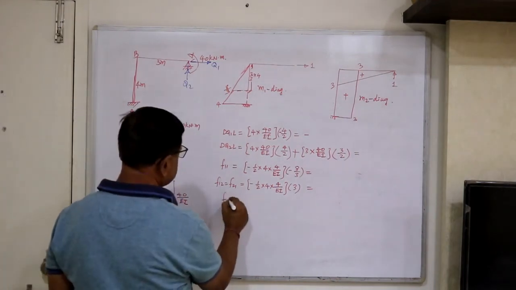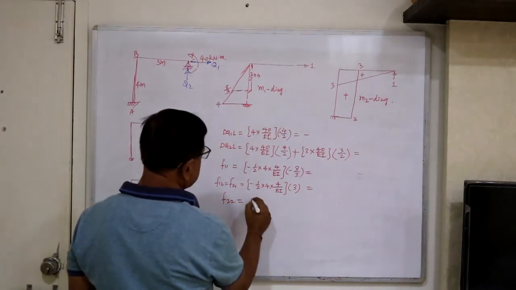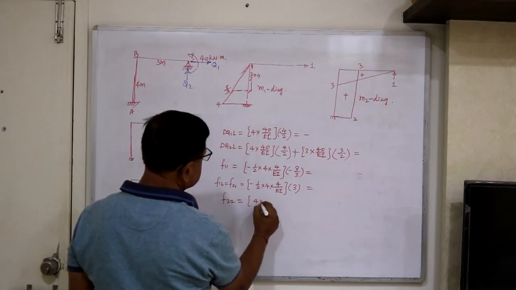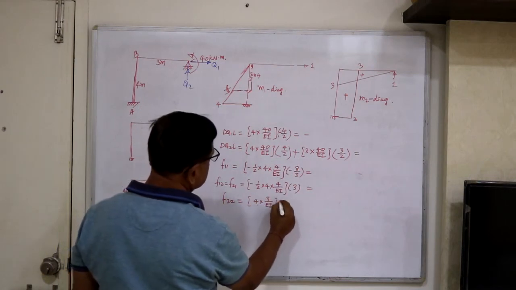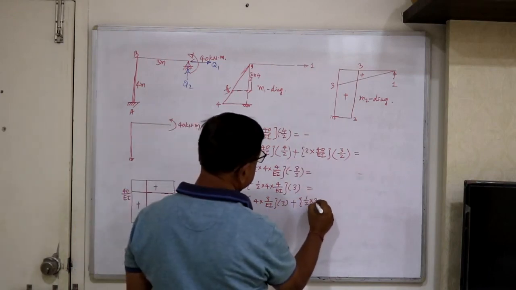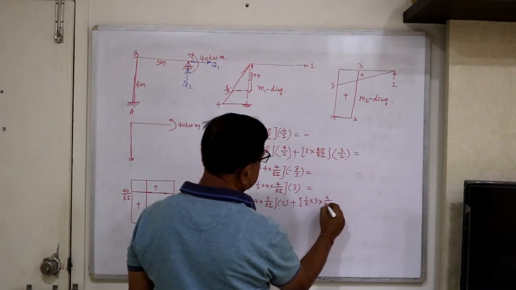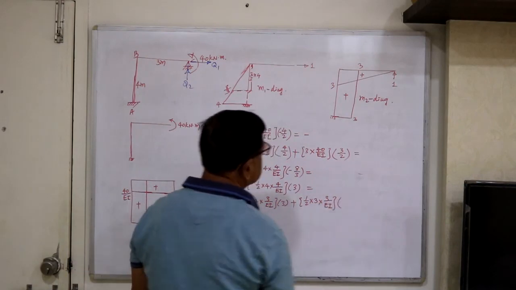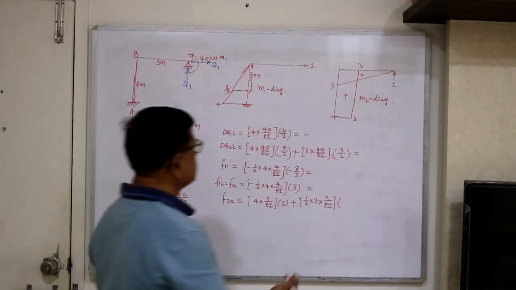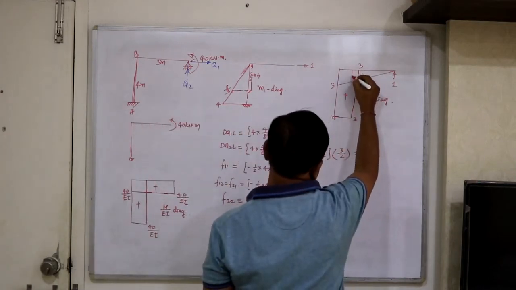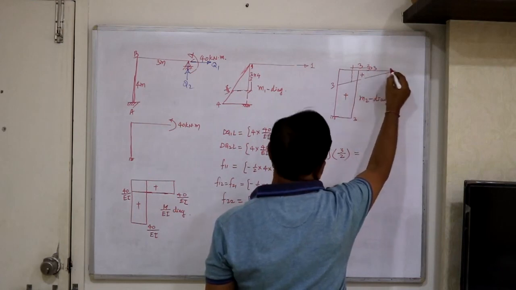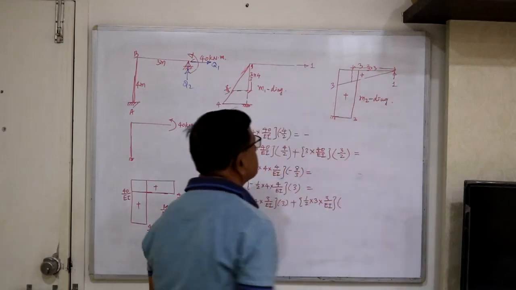And the last, F22, equals area, base 4, height 3 upon EI, ordinate 3, plus the triangle, 1/2 base into height 3 upon EI, and the ordinate of the triangle at its own CG, which is 2/3 of the base. Here this distance is 2/3 of the base, which is 3, and the 3 gets cancelled.